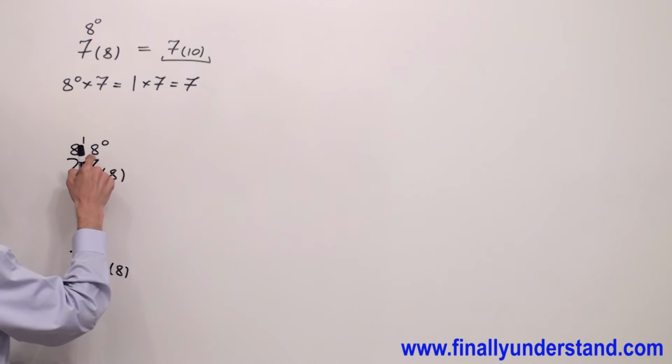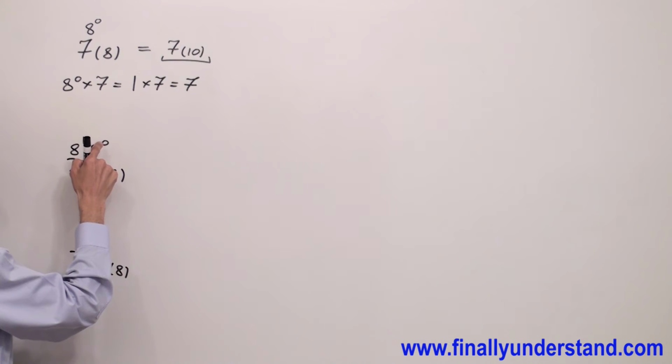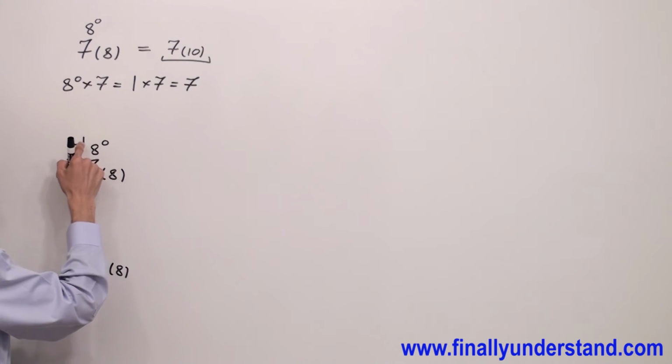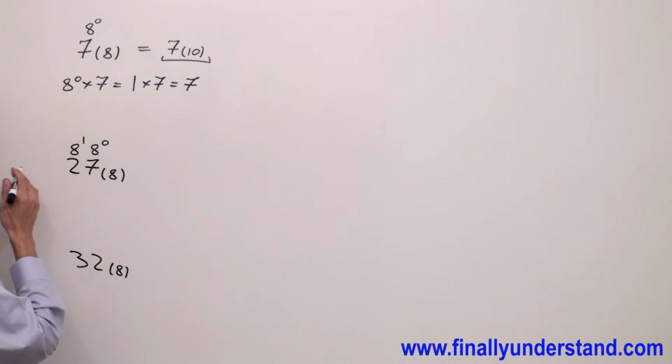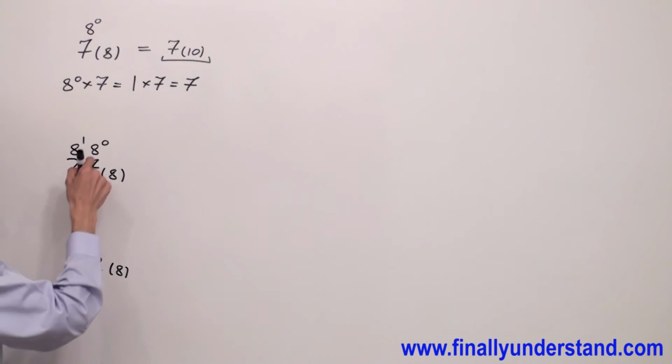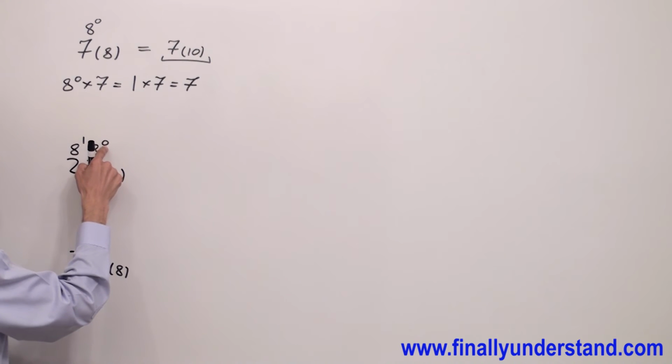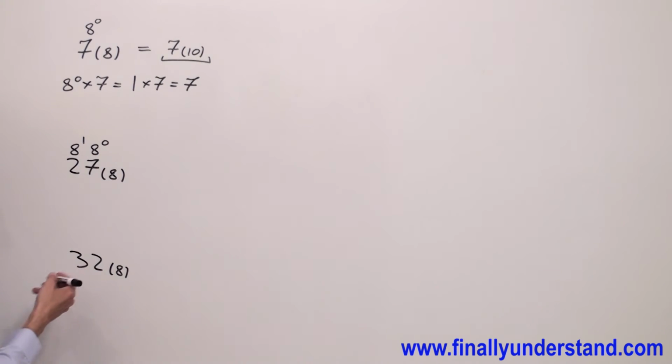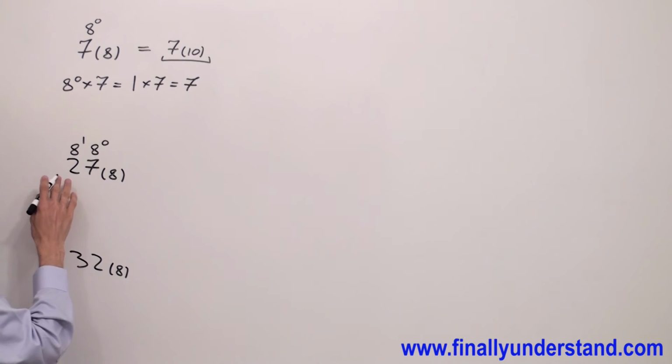We were always supposed to write the base over every single digit and just write exponent 0, 1. If you had more digits, you had the exponent 0, 1, 2, 3, 4, and so on. Remember, always start with exponent 0. Next, we're supposed to just find the sum of the products of these numbers.